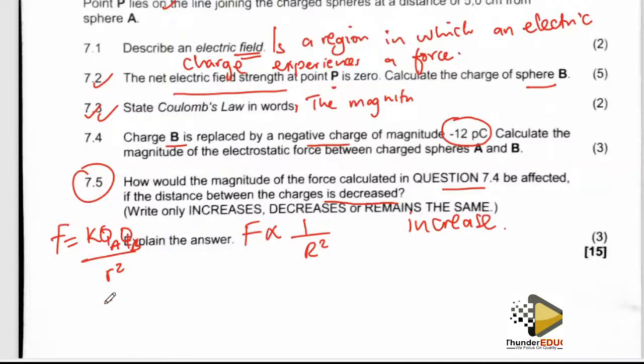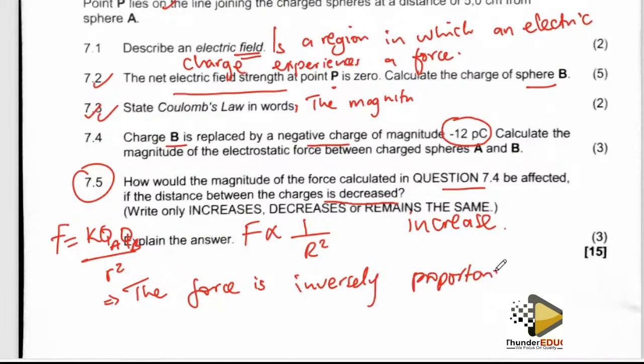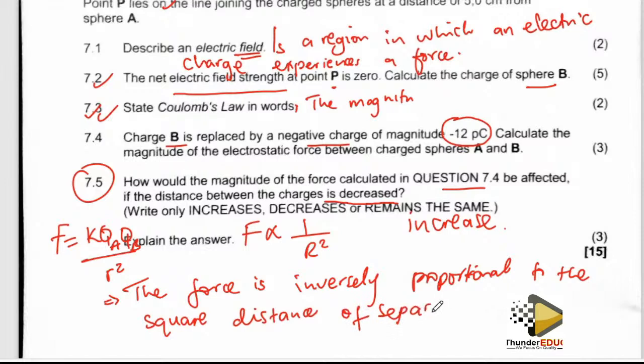Now they need an explanation. We can just say that the force is inversely proportional to the distance, or the square distance of separation, or the distance between the charges.